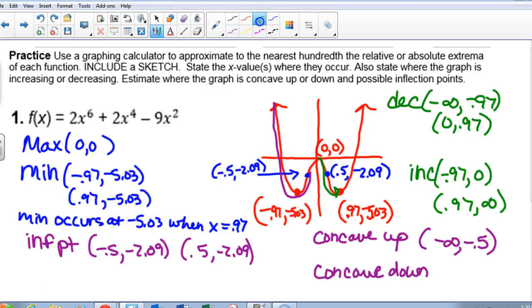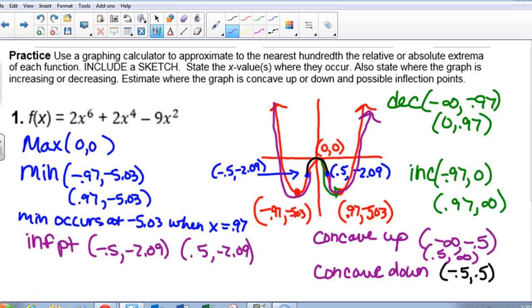This little piece right in here is sad. What's that interval? Yep. And then it's happy again from 0.5 to positive infinity, meaning off to the right. All of this. Okay, remember those are all x intervals. Any questions?